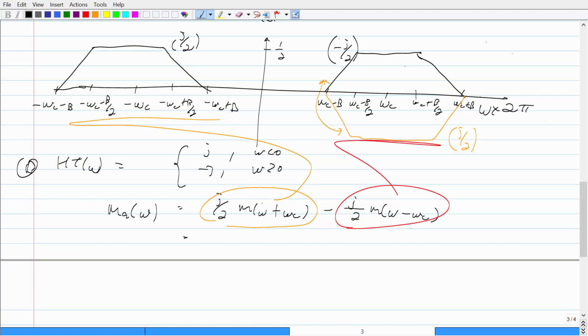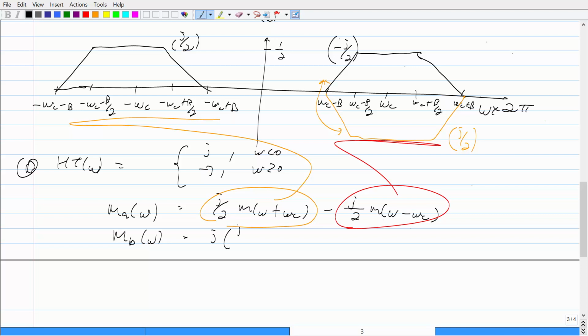So if you use this relationship, the first term gets multiplied by j, because these are all negative.